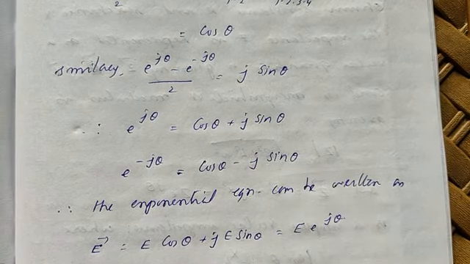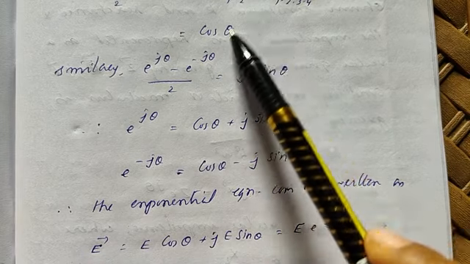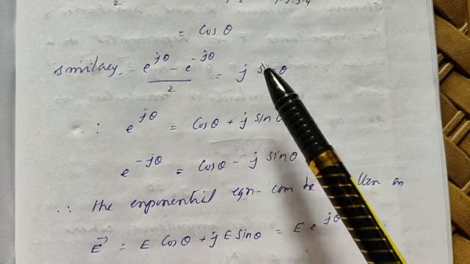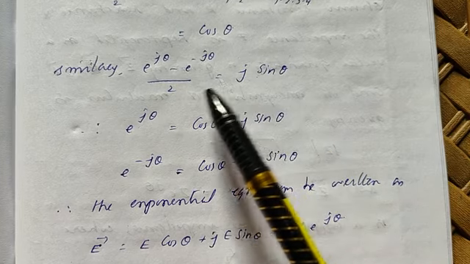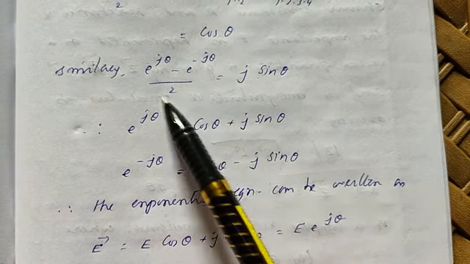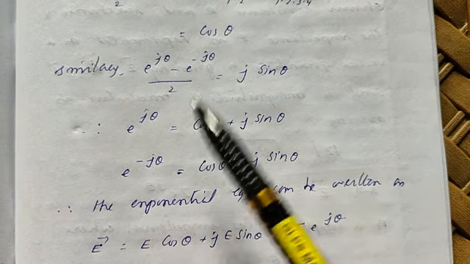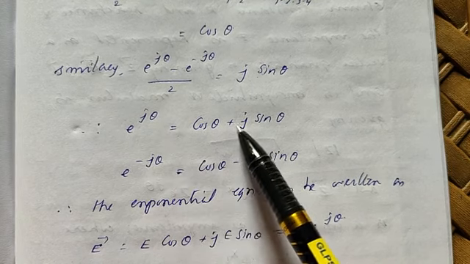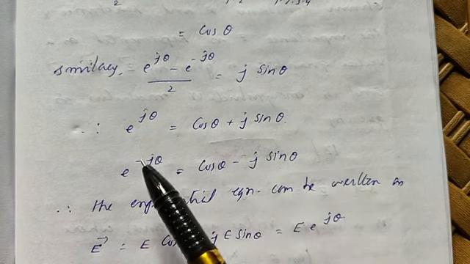You can write it on paper and check whether this result emerges. It will emerge; you have to check it. Okay. So we get the cos theta and sin theta series in this form. Therefore, e raised to j theta can be represented as cos theta plus j sin theta.